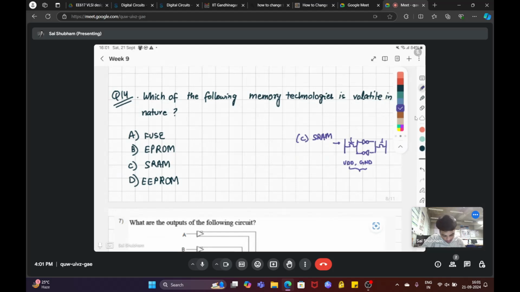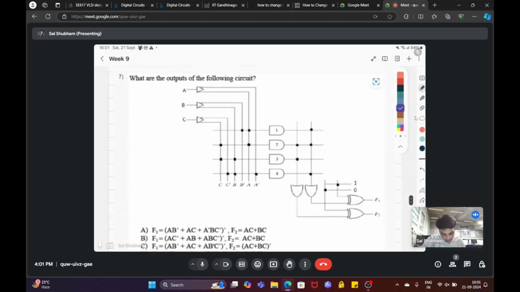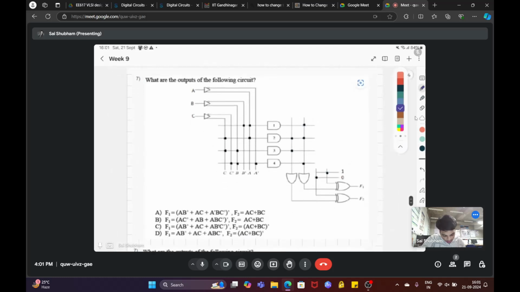Okay, so answer is C. The next question is, what is the output of the following circuit? I will give you 5 minutes to do this problem.